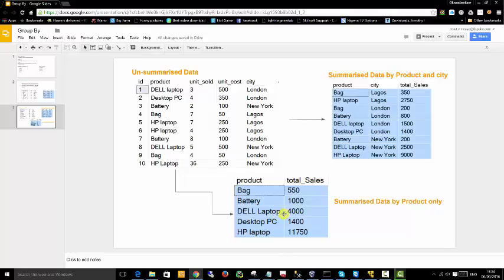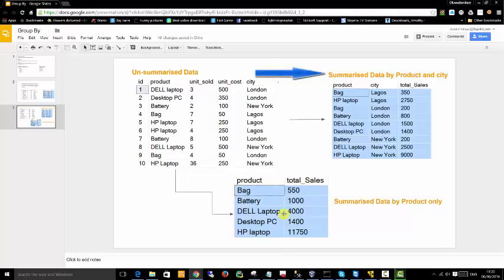If we just wanted to see the total sales of bags, everything, regardless of the city, regardless of where the sale was made, we just want to see all the sales that were made on bag only. All we have to do is write the select statement, introduce the sum aggregate function to sum for us all the total sales, and group by product, and that's it.